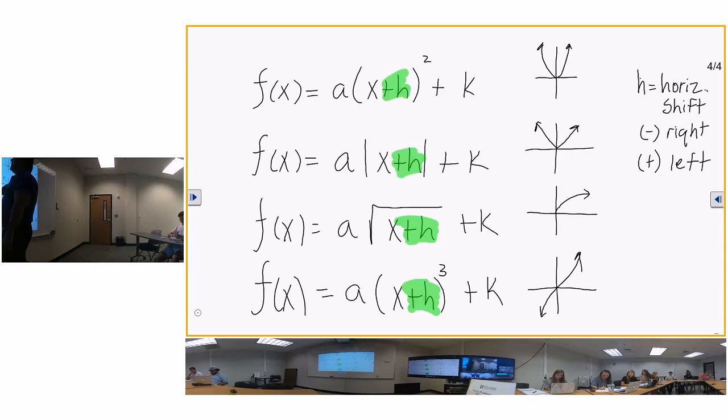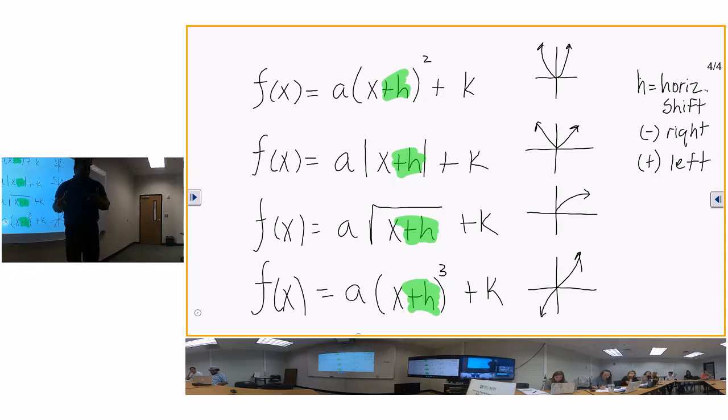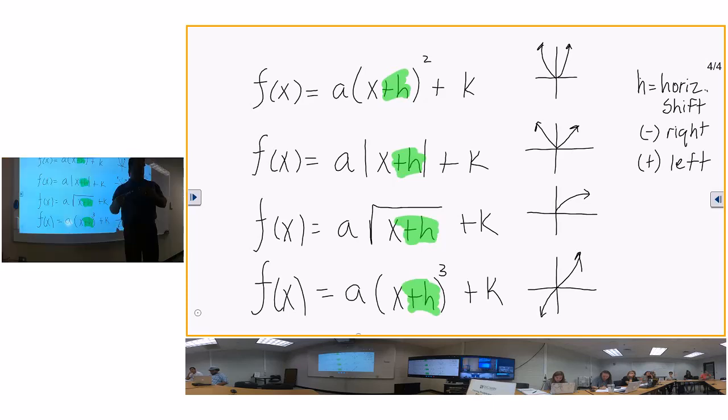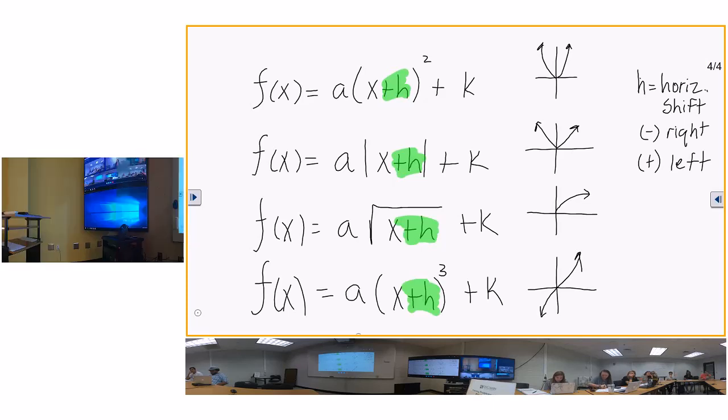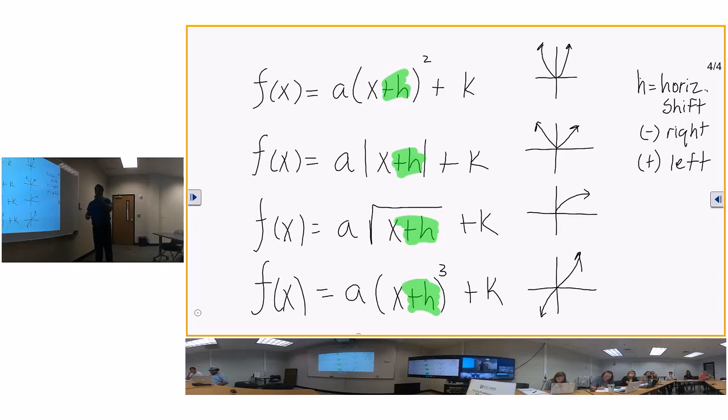Did everybody see this plus right here? In order to get a plus right there, I would have to have a negative. So that's why a plus is really a negative. Actually, it's supposed to be x minus h, but a lot of teachers write it as x plus h, and then they just say go with the opposite.